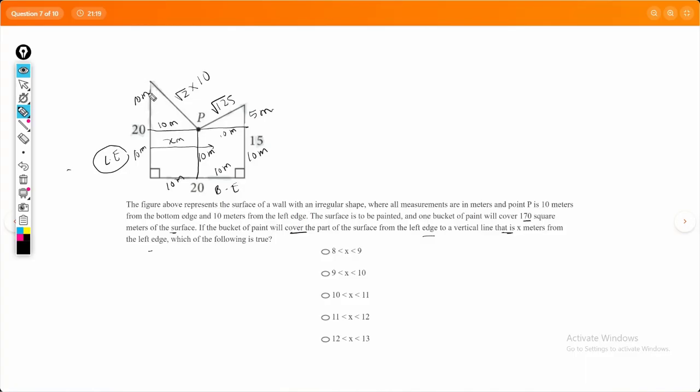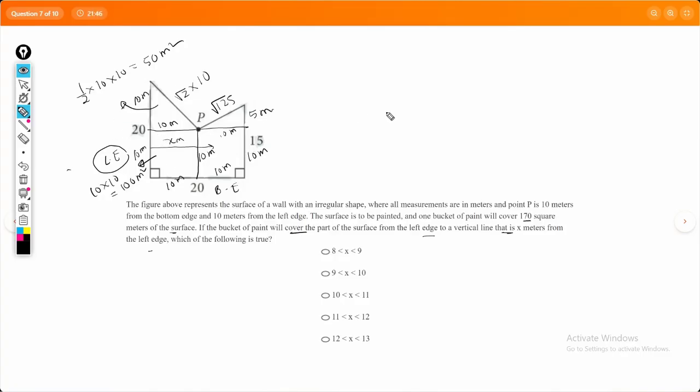So first we have to calculate the area of this region. As this is a right angle triangle, the area of this region will be half times 10 times 10, which will be 50 square meters. And for this region, it will be 10 times 10, which will be 100 square meters, because this is a square.